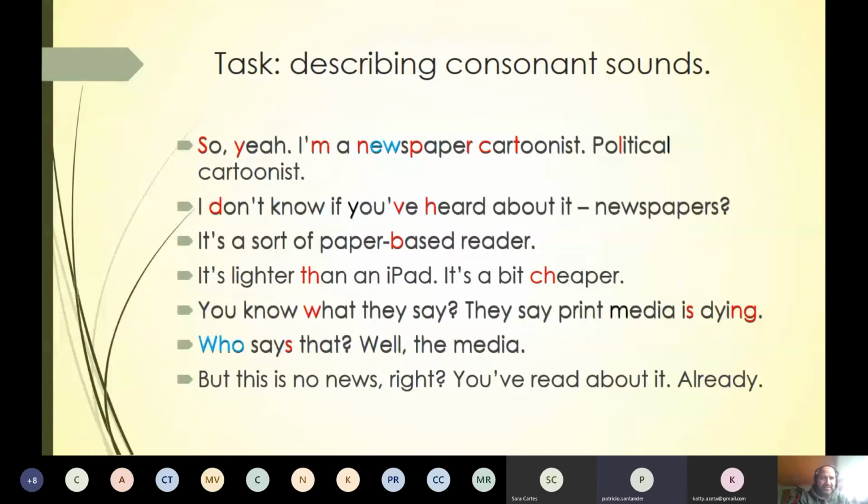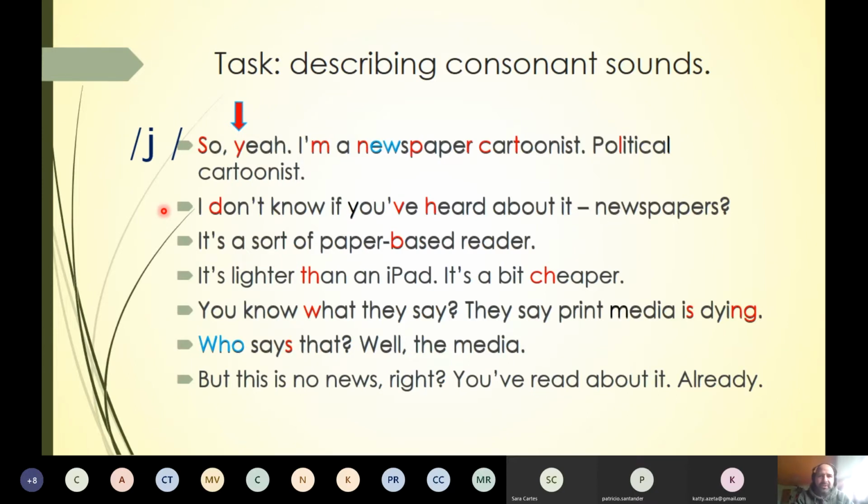Yes, you are. Thank you so much. So, for example, the first one is s in so, which is a voiceless alveolar fricative. The next one is y in yeah, which is not actually a consonant sound, but a semi-vowel or a glide.